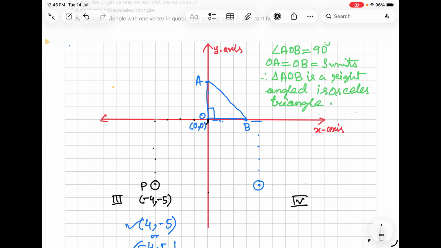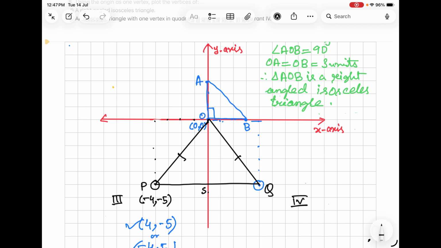First O to P, next P to, let's name it Q, P to Q, and next, join O to Q. Now you see OPQ is an isosceles triangle, correct? Where OP and OQ are equal sides. Why equal sides?